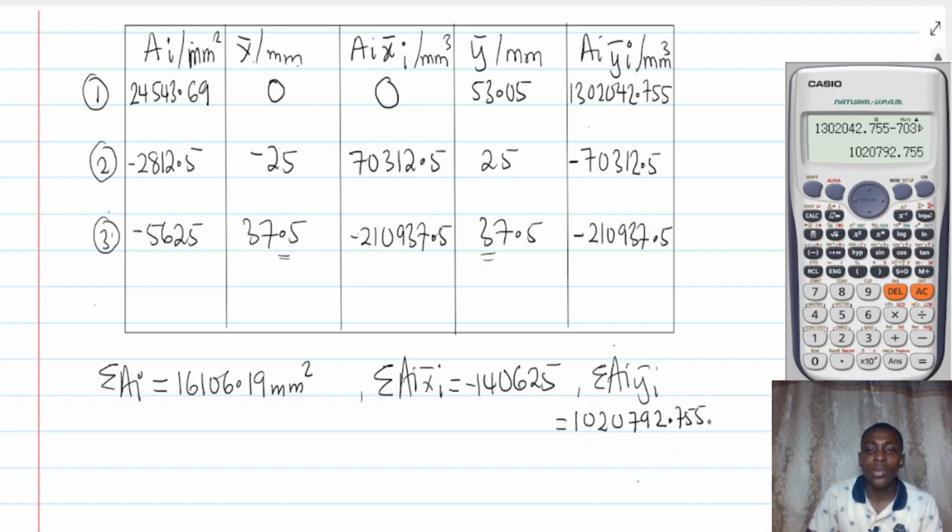Okay, so millimeters cube, and this one is also in millimeters cube.